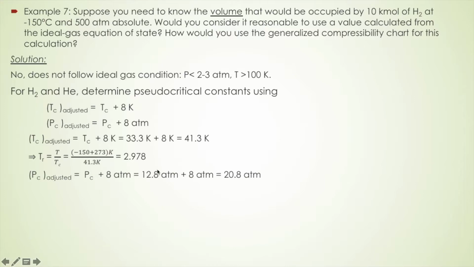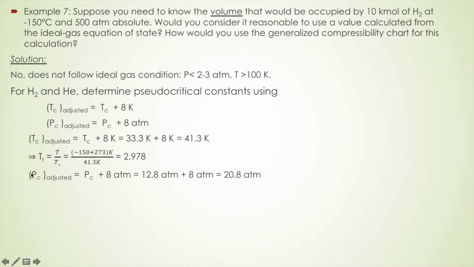Do the same thing to adjust the pressure. You find the critical pressure from the book, 12.8 atm, then plus 8 atm, and you get 20.8 atm.